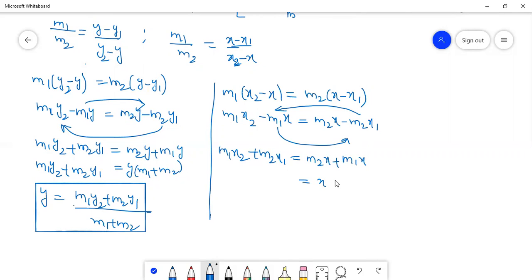Taking x common, m1 plus m2. Then the x coordinate value is m1 x2 plus m2 x1 by m1 plus m2.